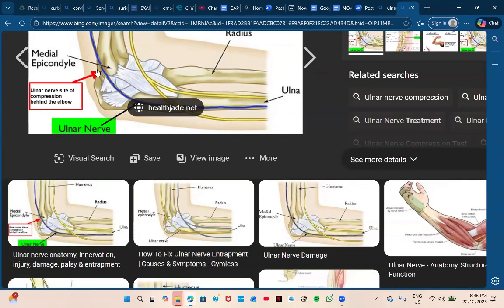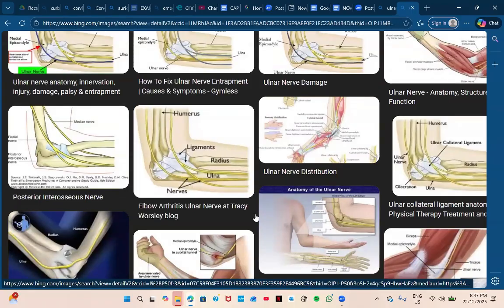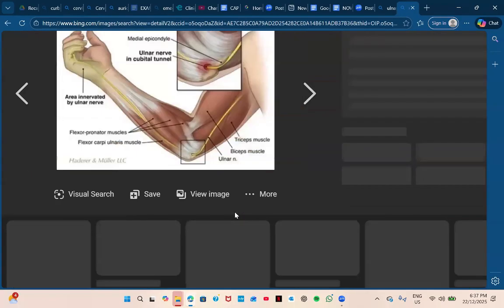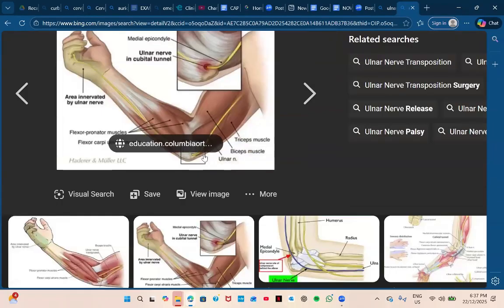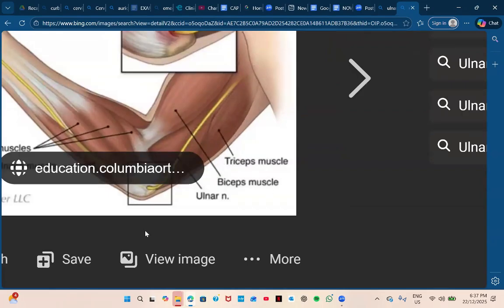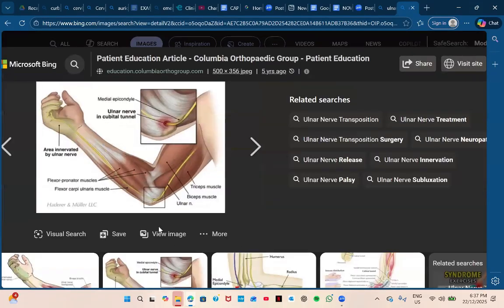The ulnar nerve is damaged due to this olecranon fracture because it's going like this. Here is a clearer picture. Here you can see how the ulnar nerve goes from the olecranon area. So yes, it is the ulnar nerve.